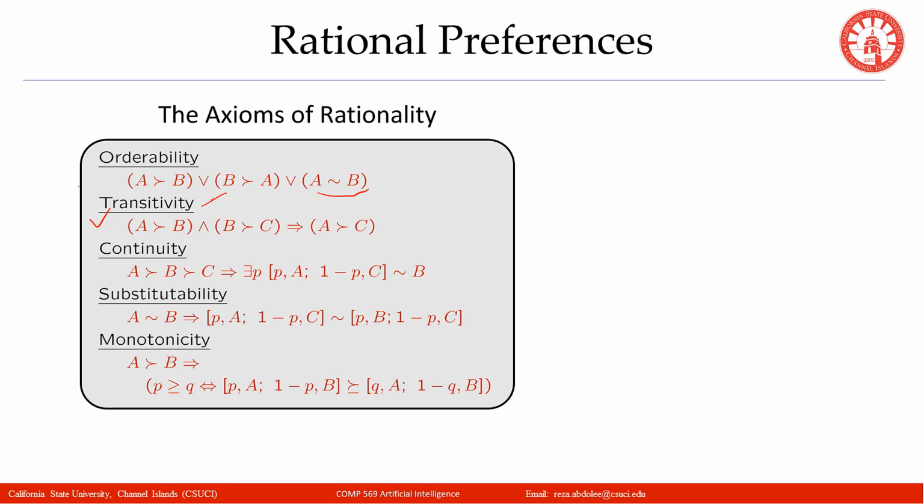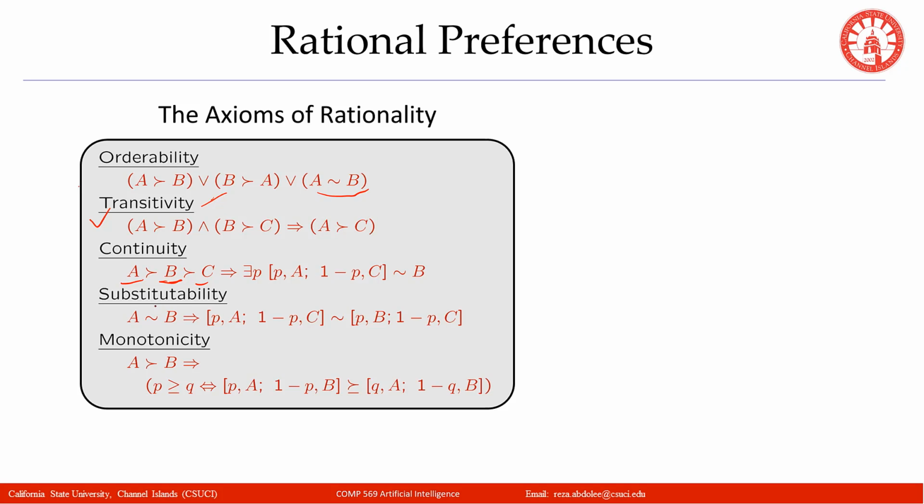So if an agent prefers B somewhere between A and C, then there should be a lottery between A and C with some given probability P, which is indifferent with B. Meaning that you can make a lottery between A and C such that you could be indifferent between that lottery and the choice of prize B.